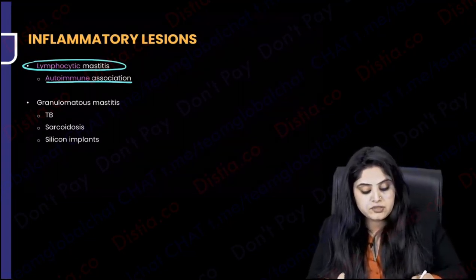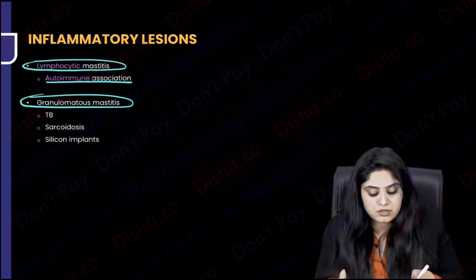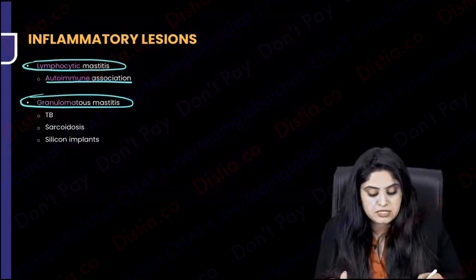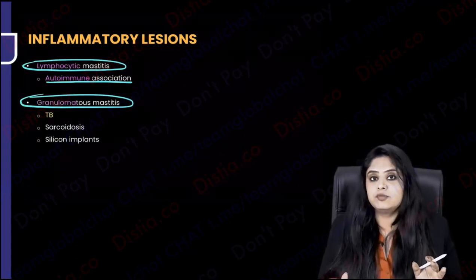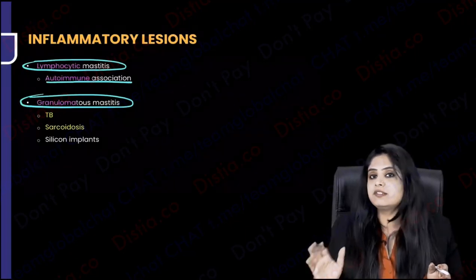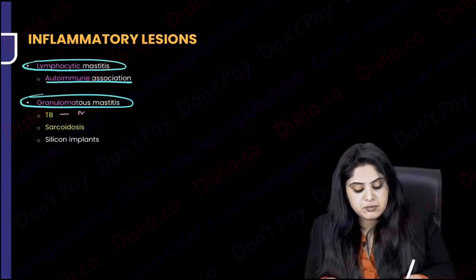Coming to the next one, what is granulomatous mastitis? See, in our country, as soon as I say the word granuloma, which is the infection that has to come to your mind, it's got to be TB. Of course, tuberculosis has to be the infection. And after that, if you're thinking of non-infectious things, then sarcoidosis. We all know that TB and sarcoidosis, in which TB most commonly shows which kind of a granuloma?